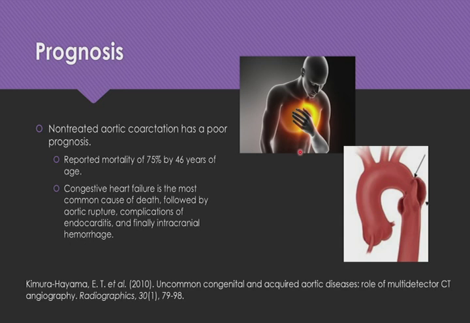It reports a mortality of about 75% by the age of 46 years, and the main causes of death are congestive heart failure, also aortic rupture, which represents about 21% of the cases, and also complications of endocarditis, and finally intracranial hemorrhage in about 11.5% of the cases.